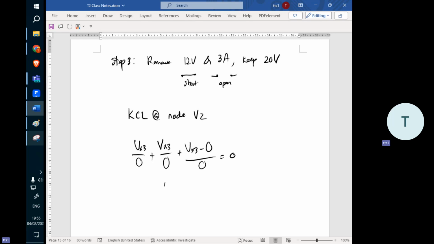And then at the end, you find Vx3 equal to something, because it's one unknown only. So therefore, at last, Vx equals Vx1 plus Vx2 plus Vx3. That is the final answer. That's it.